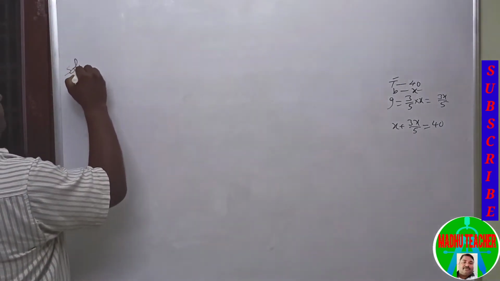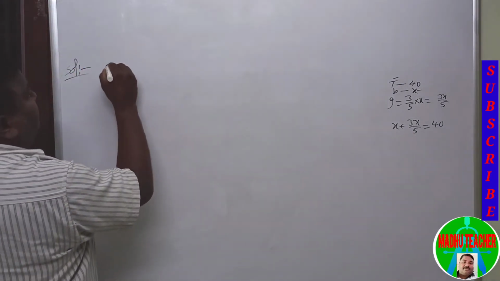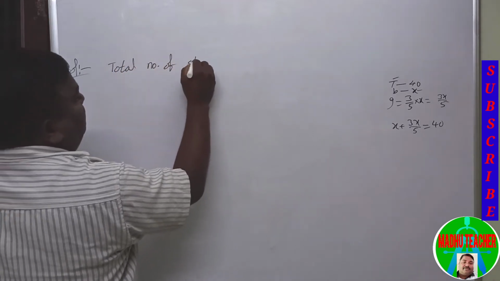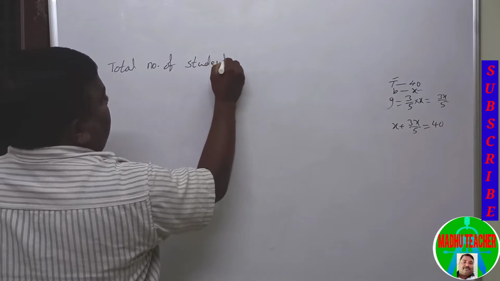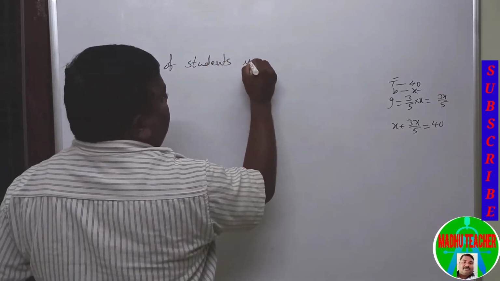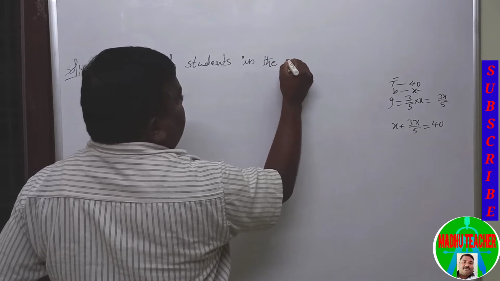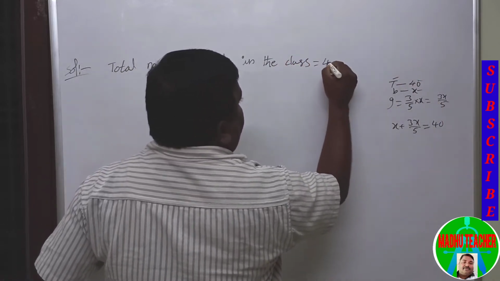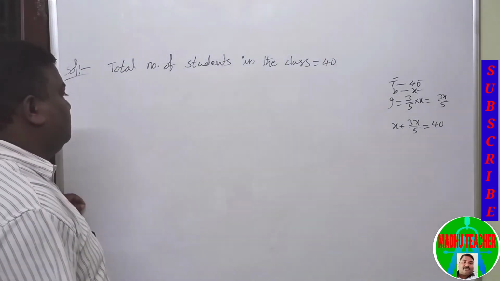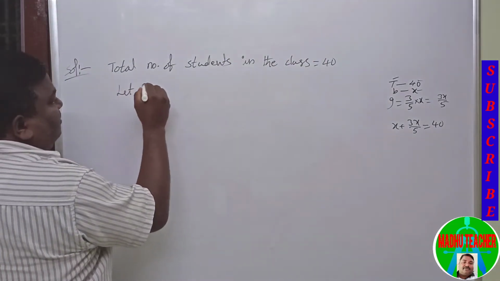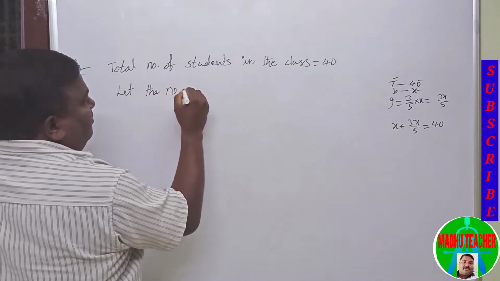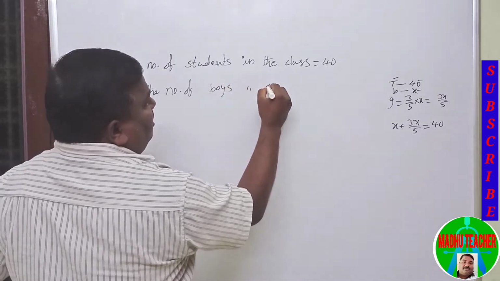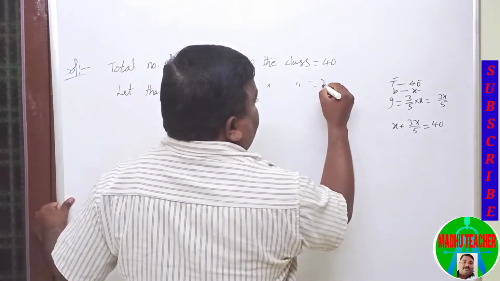See here. So total number of students in the class equals, how many members are there? 40. So let the number of boys in the class equal x.